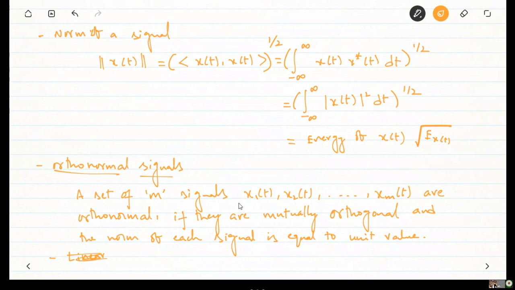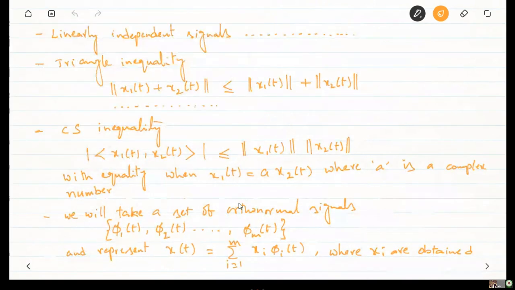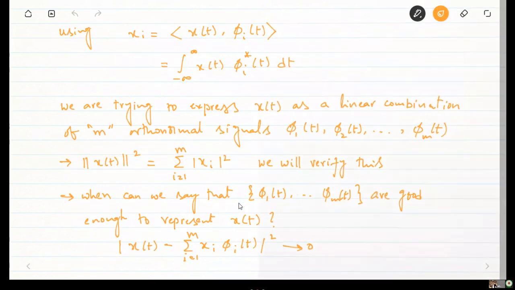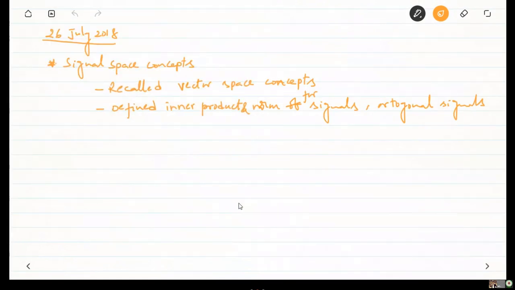So the norm of a signal is the square root of the inner product of the signal with itself, like the inner product of x of t with x of t, under root. So it should be the square root of the energy.